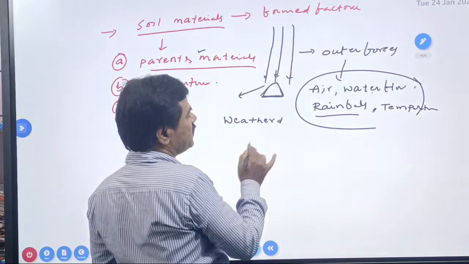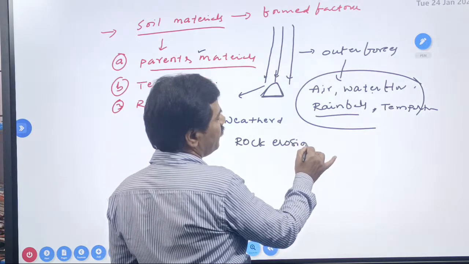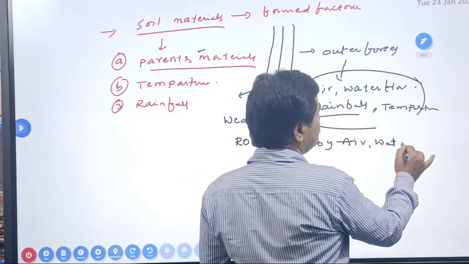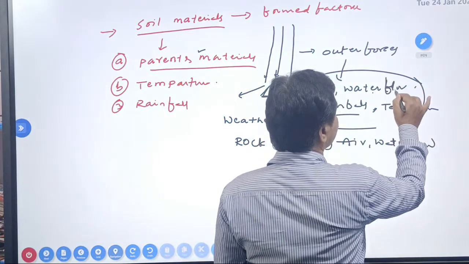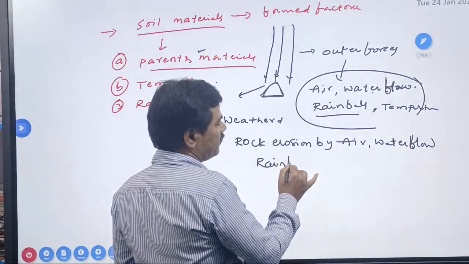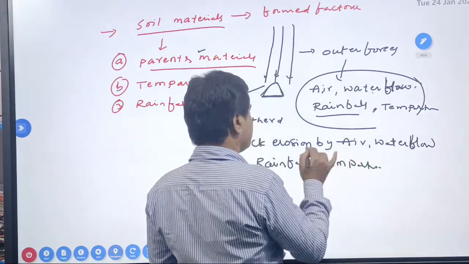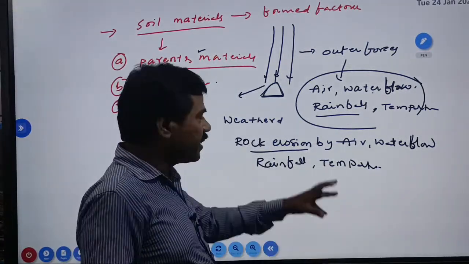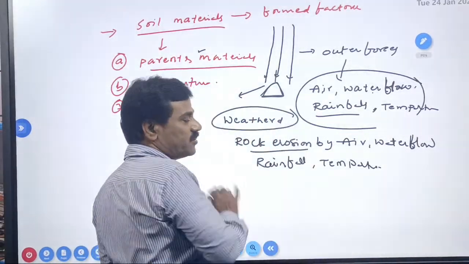Weathering means rock erosion. Rock erosion by air, water flow, rainfall, and temperature. By these factors, the rock erosion process gradually increases, and the rock is broken into small pieces, which are called weathered rocks.